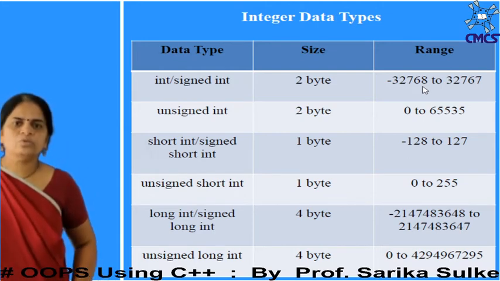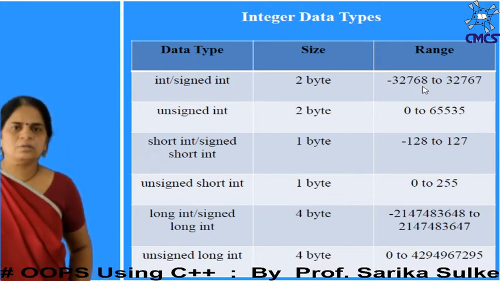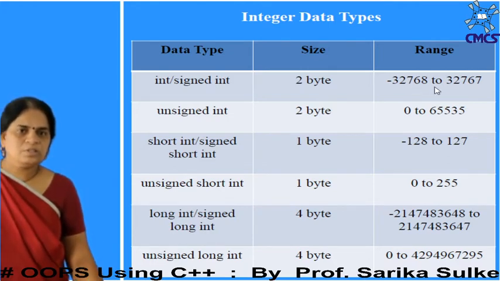So we will use the data type integer, or signed integer. So this range specifies the value you want to store. अगर मुझे 40,000 स्टोर करना है, so 40,000 I can't store in this range for the integer value. So I will use the unsigned integer.